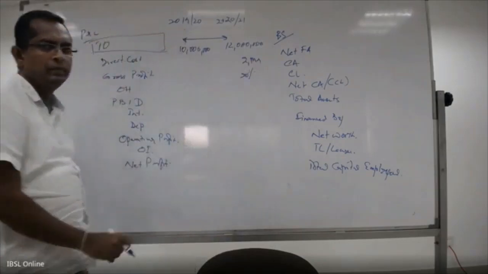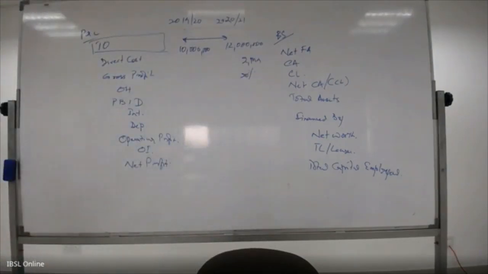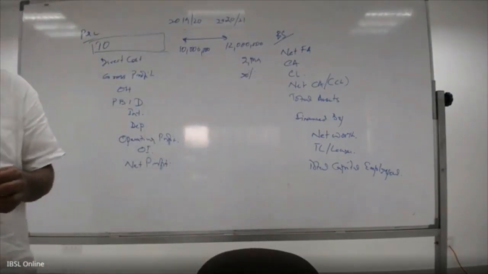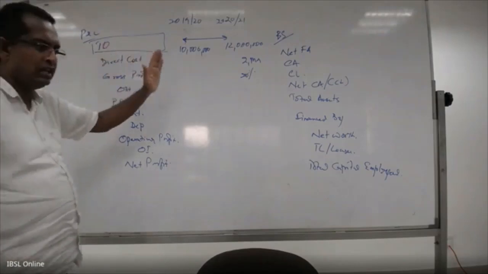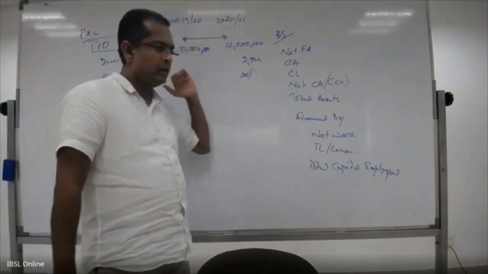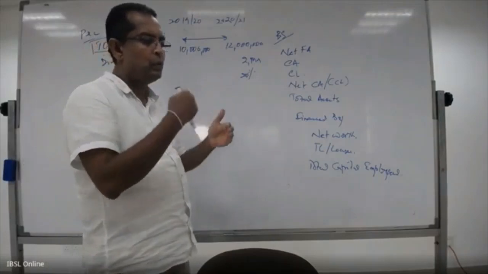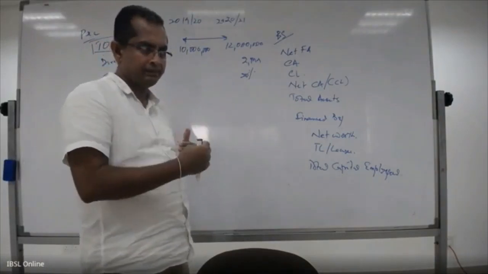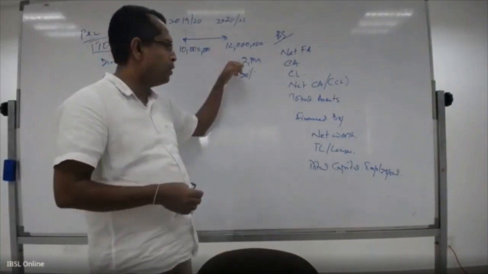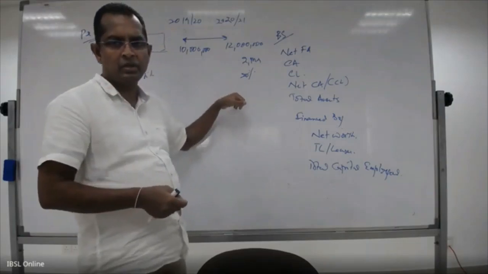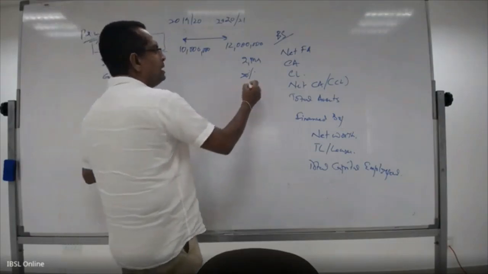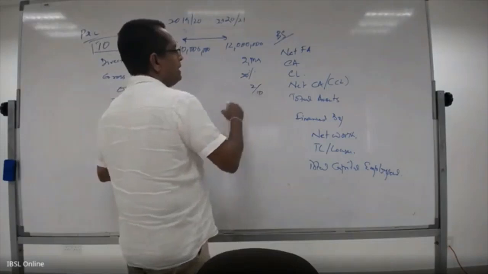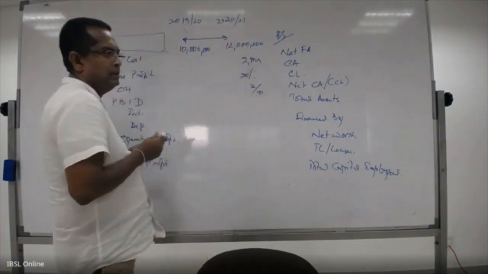So we are comparing a single P&L item or balance sheet item between two timelines. It can be amount, it can be percentage. 2 million divided by 10 million, that is 20%.